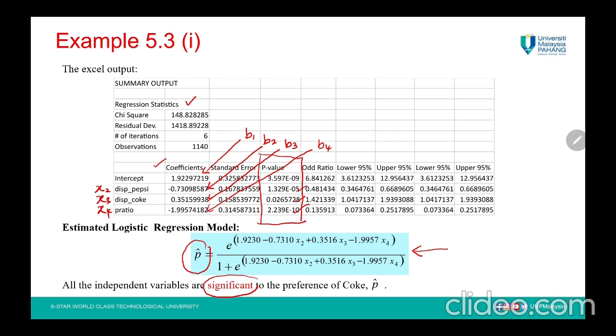Standard alpha is 0.05. So since all the p-values here are less than 0.05, all the independent variables here are significant to p hat.